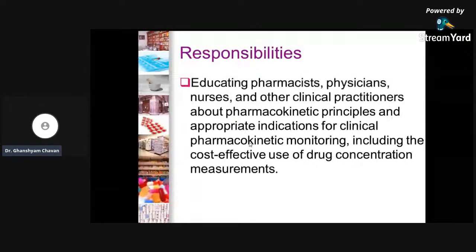So we are also thinking in that way, and we will give more concentration to pharmacoeconomics, by which we can develop drugs which have less cost for the people who cannot buy them at high cost.